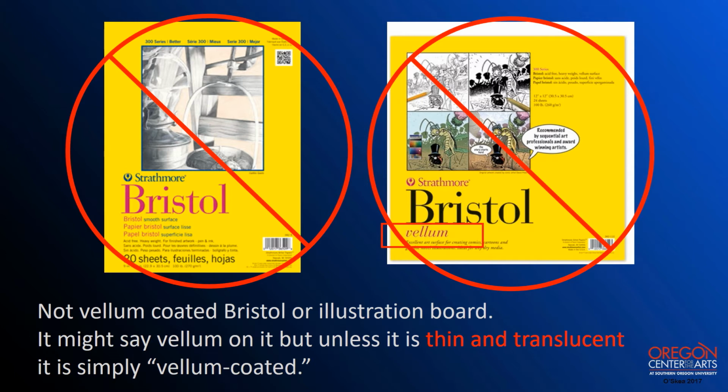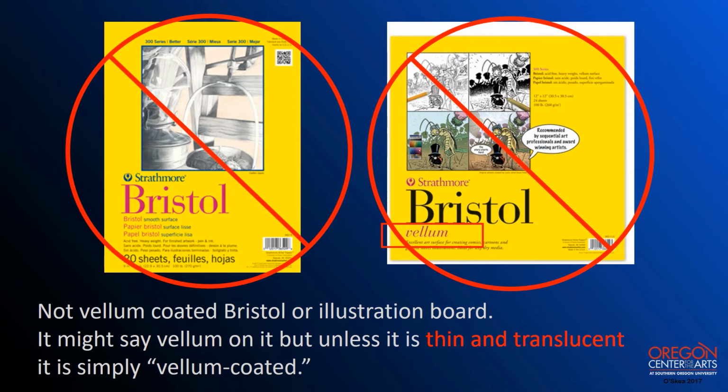Vellum is so nice to draw on that it gets laminated onto other kinds of cardboard so that you can have a nice surface for your pen and ink drawings or whatever. So you might find a pad of paper somewhere that says Bristol on it like this, and you can see it says vellum right there. Well, that means that they've covered part of this cardboard with vellum, just giving it a little skin to make it nice to draw on.